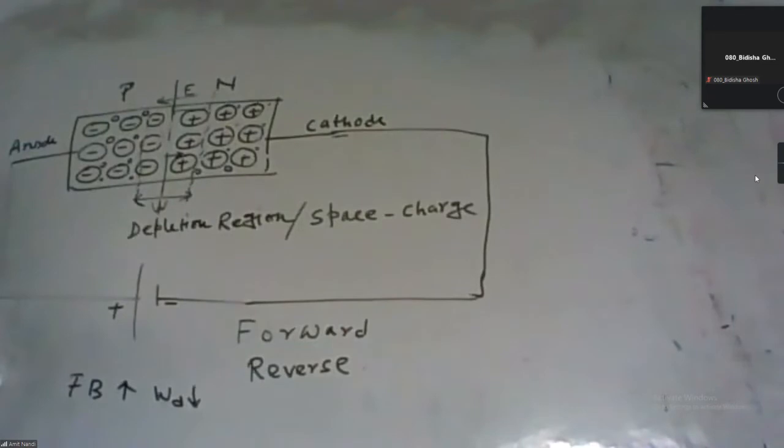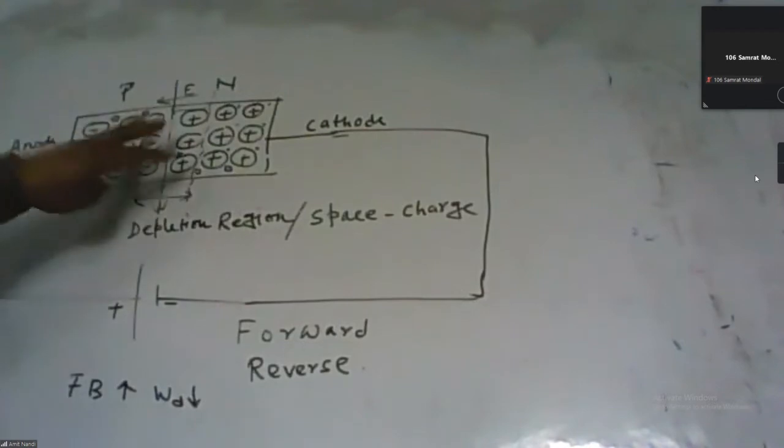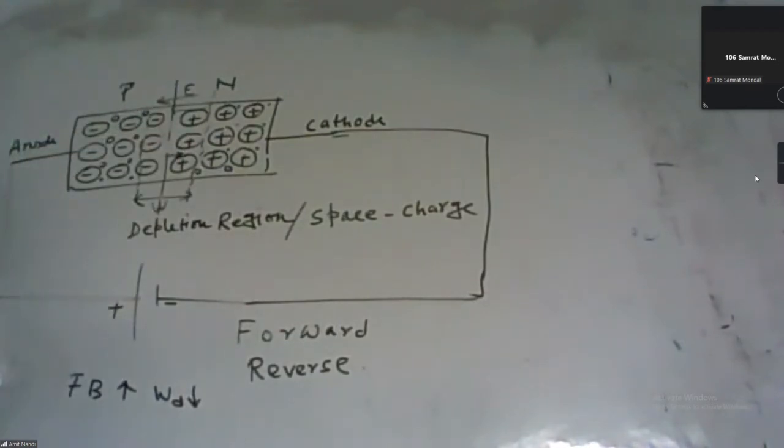And if the width of the depletion region is reduced, then the carriers can easily move again from the P-type side to the N-type side and from the N-type side to the P-type side. That means further electron flow occurs, and the current flow through the diode will increase. So if we apply forward biasing to the diode, then current flows through the diode again.